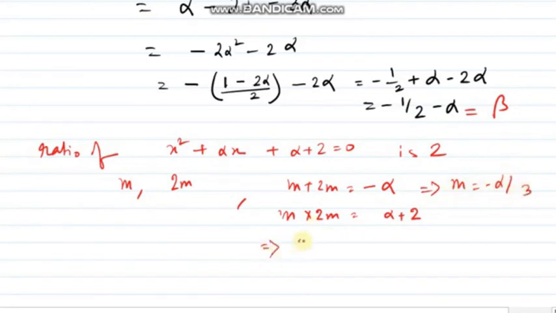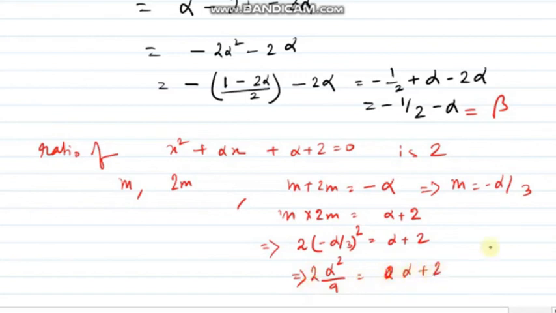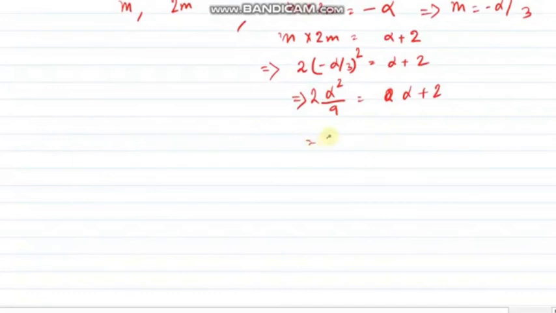From here 2m square is equals to alpha plus 2, right? So 2 alpha square divided by 9 equals to alpha plus 2, correct? So can we write that 2 alpha square is equals to 9 alpha plus 18.